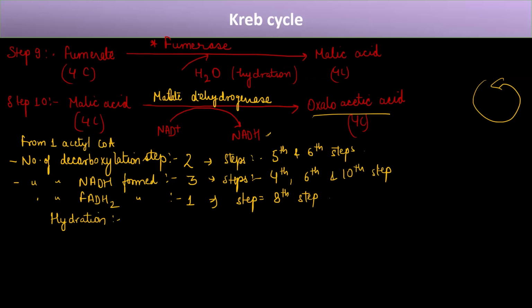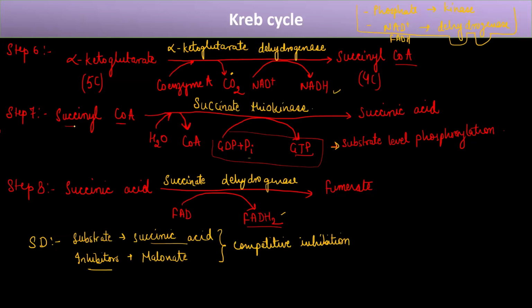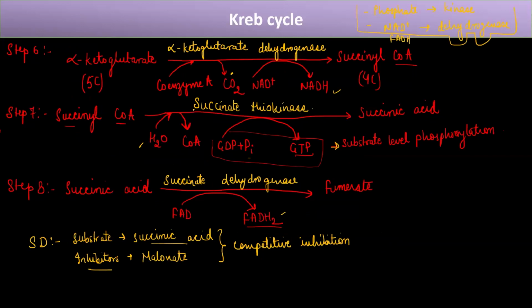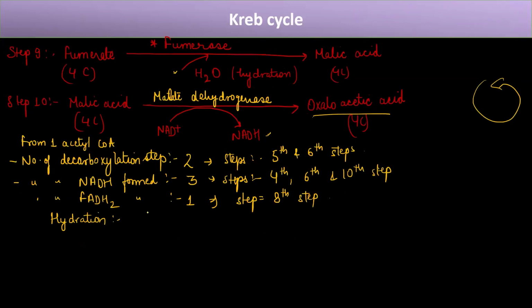So hydration takes place at the 9th step, and at the 7th step also hydration is taking place. Then we have hydration here and in the first step. So we have first, third, 7th, and 10th, 9th, sorry. So hydration occurs in 4 places, and the steps are first, third, 7th, and 9th step.